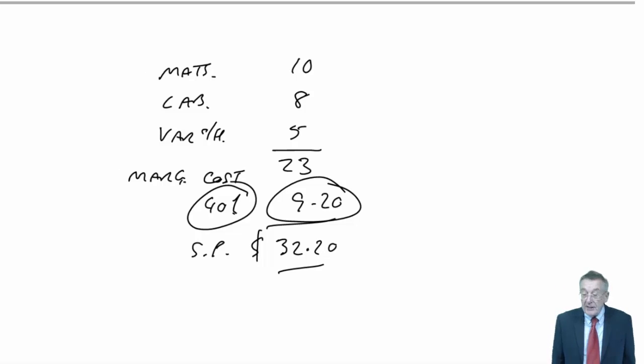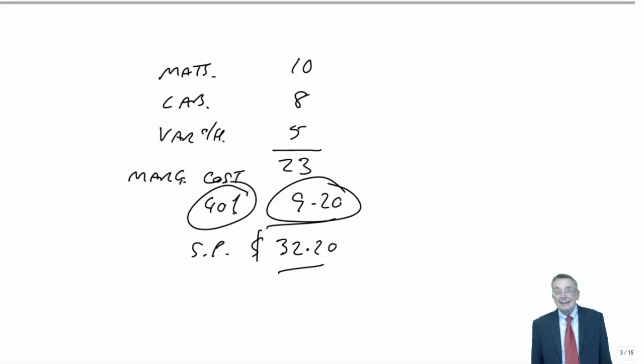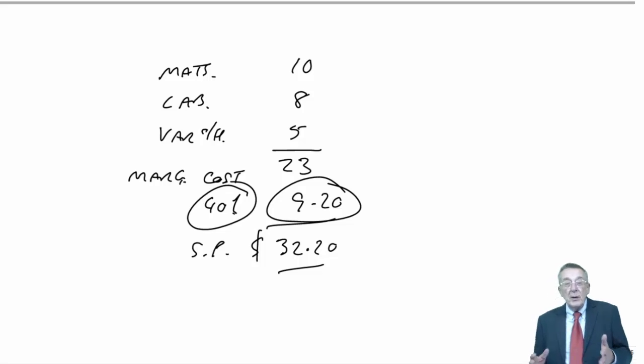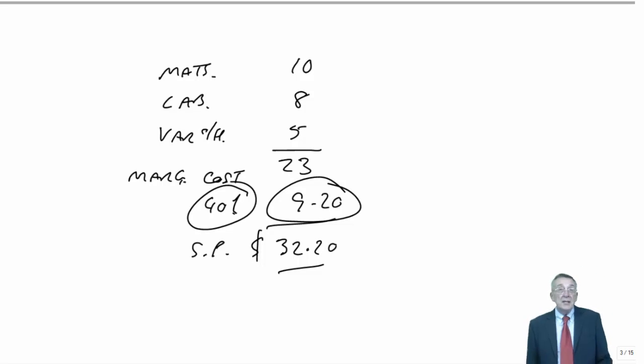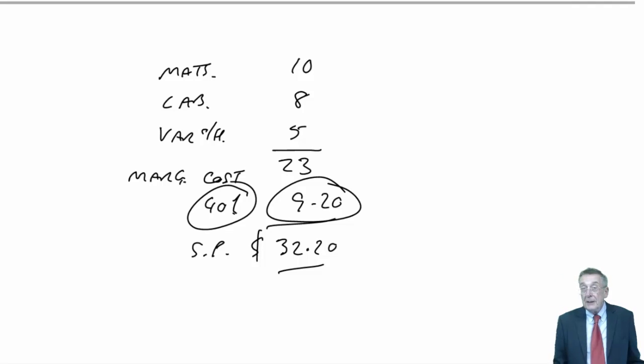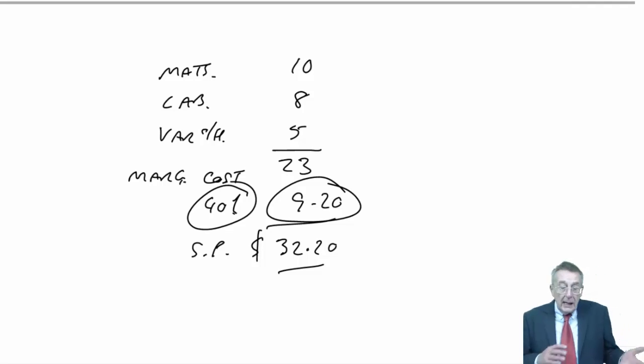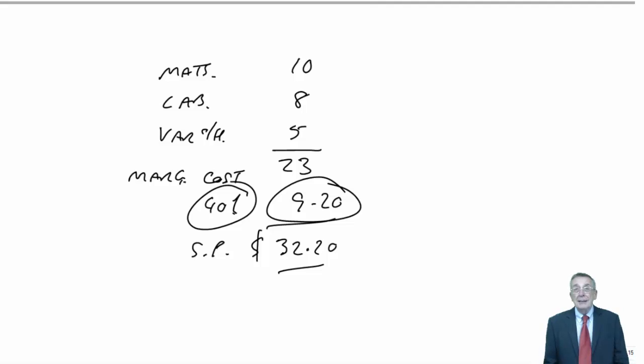There are still fixed overheads of 50,000 a year. And so depending on how many we do manage to sell, the question is, will the 9.20 a unit cover the fixed overheads or not? So either approach has a problem.